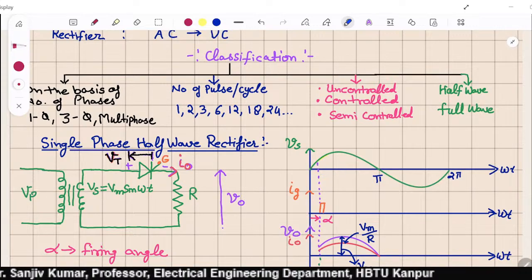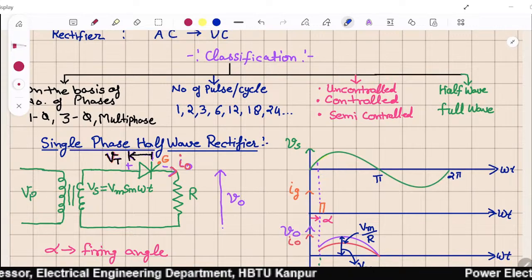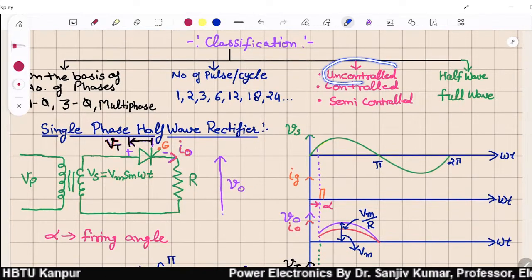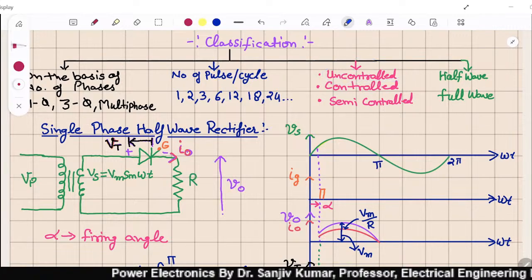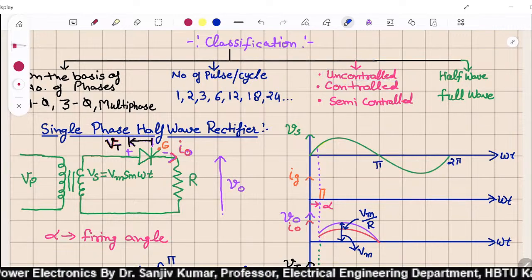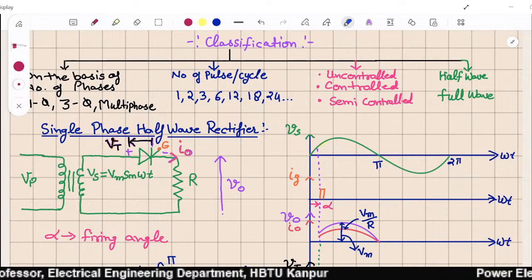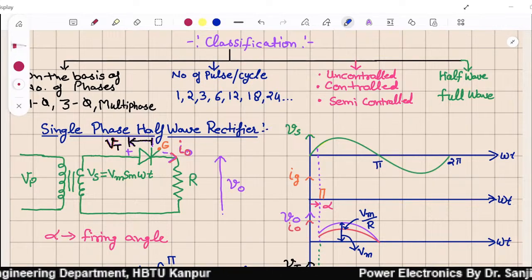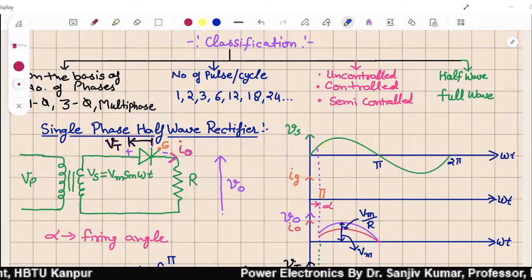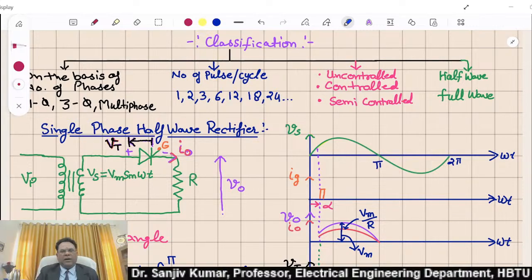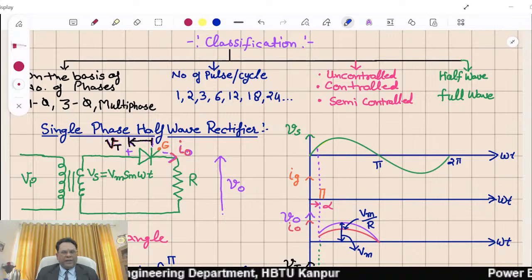So let us draw the waveform of this, and here I am not discussing the uncontrolled rectifier, means we are not discussing the diode based rectifier. The reason is, if you use diode based rectifier, it will give you a fixed supply because you don't have any control over the diode firing angle, because there is no question of firing angle.